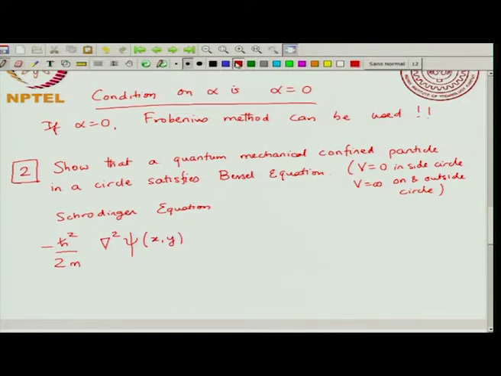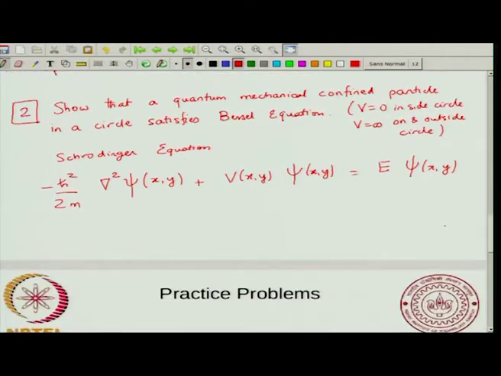So, I will write this plus v of x y psi of x y, is equal to E times psi of x y. So, this is the Schrodinger equation. Okay. Now, what we will do is we will write this in polar coordinates.